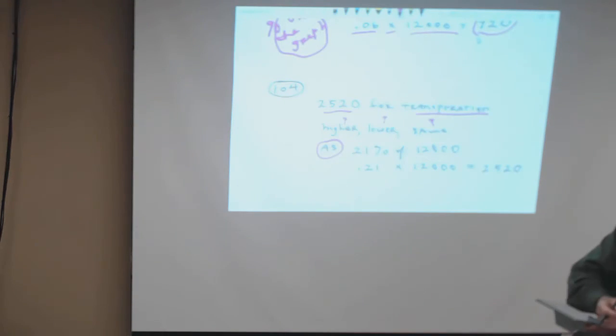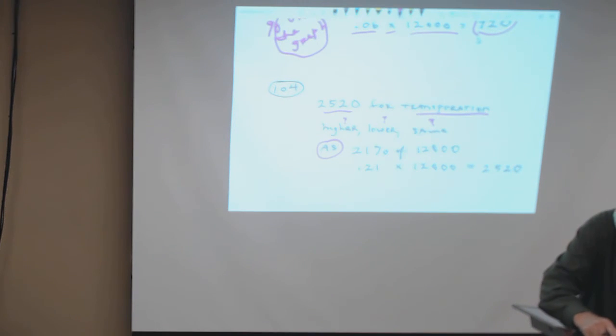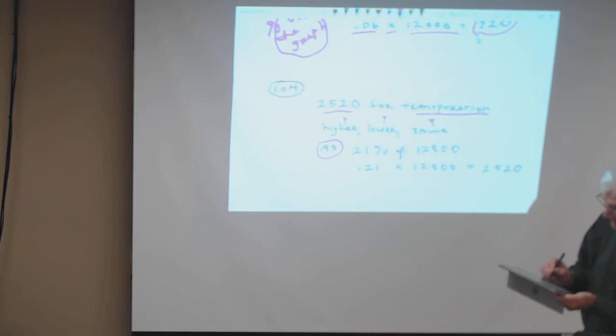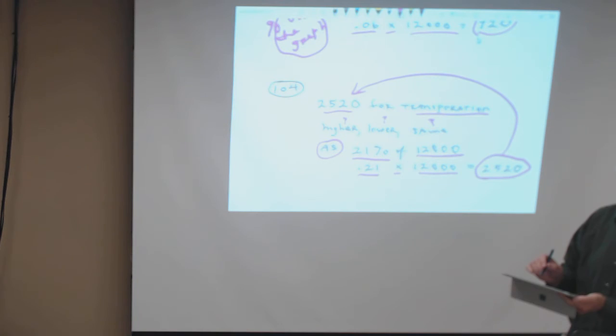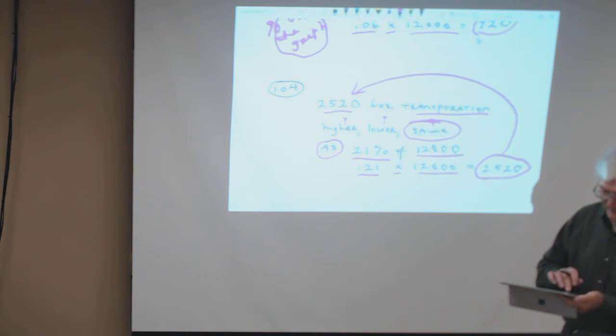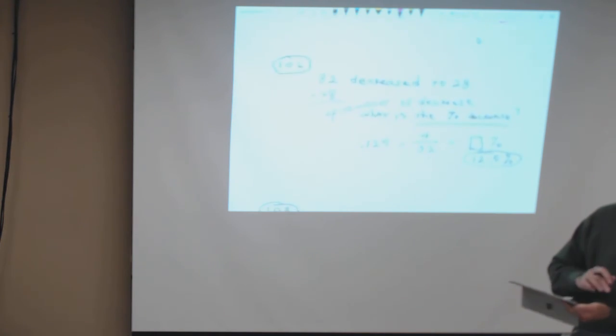What's the graph say for transportation? 21%. As 21% of 12,000. What's 0.21 times 12,000? 2,520. Is that higher, lower, or the same? The same. Number 106.